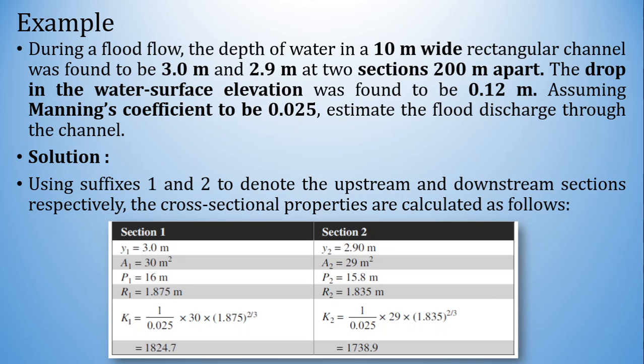A is the area of cross section for section 1, that is 30 meter square, since 10 into 3 it will be 30 meter square, and for section 2 it will be 29 meter square.